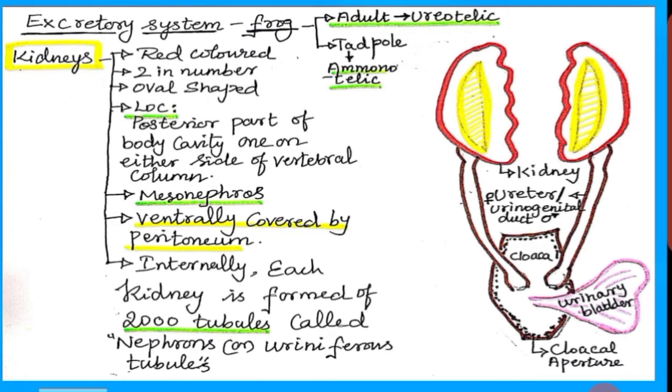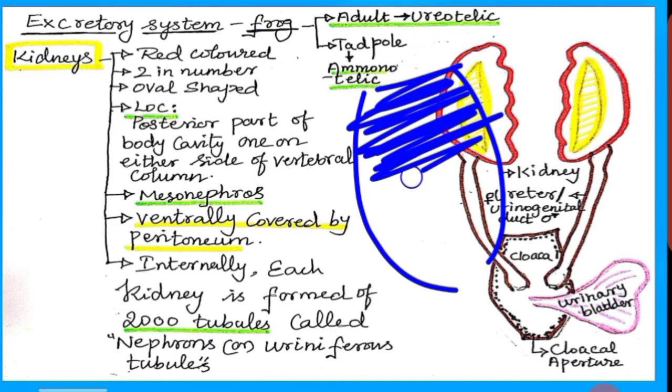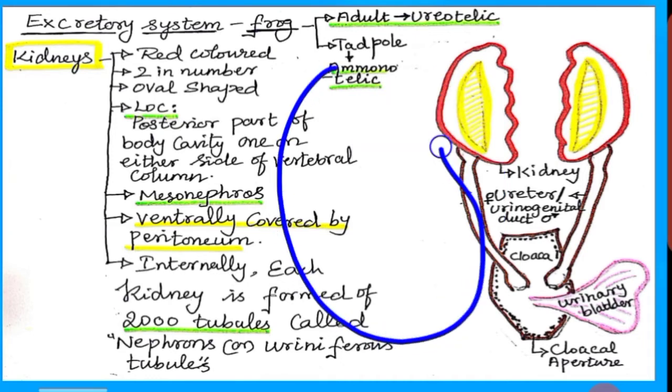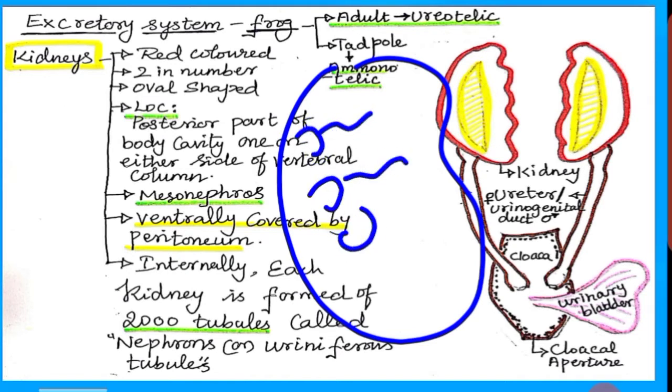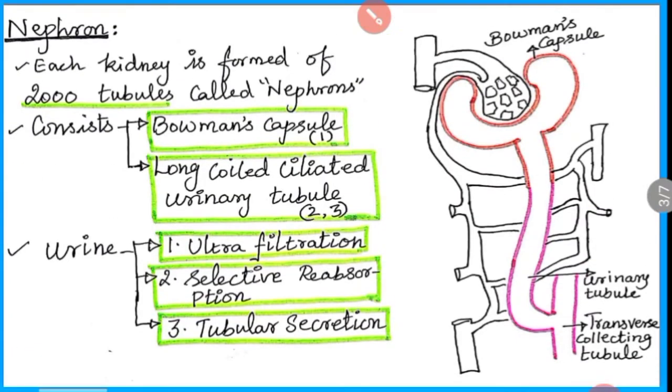Ventrally, the kidney is covered by peritoneum membrane. Internally, each kidney is formed of coiled tubular structures. 2000 tubules are there. They are named nephrons or uriniferous tubules.